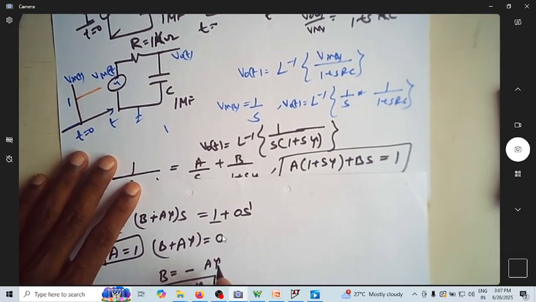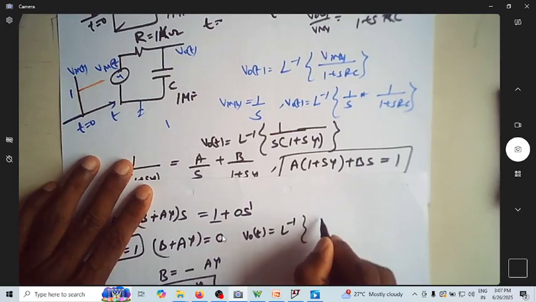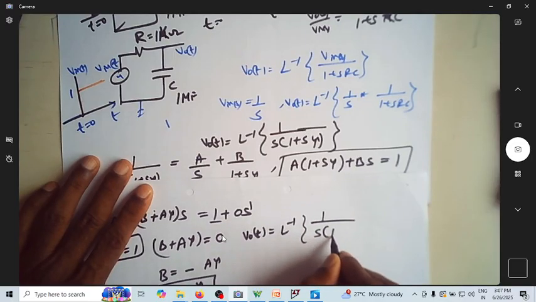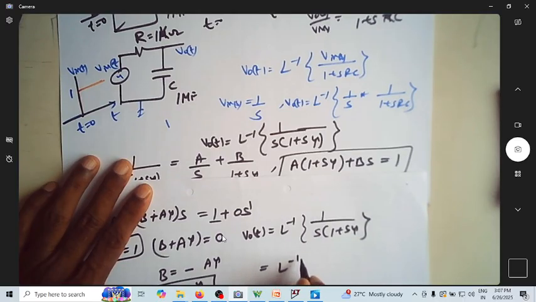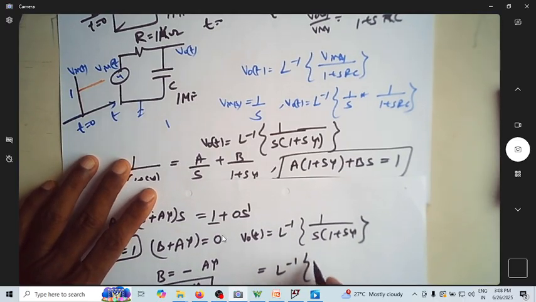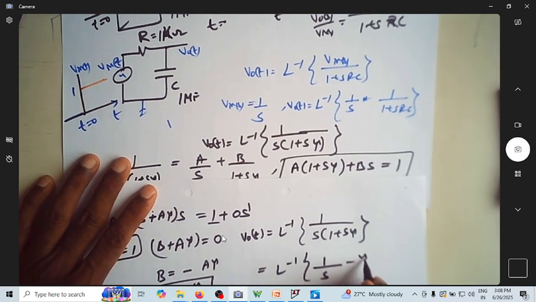So what we had, v naught of t, is equal to Laplace inverse of 1 over s into 1 plus s tau. It can now be written as Laplace inverse of a, which is 1 by s, plus b, which is minus tau by 1 plus s tau.